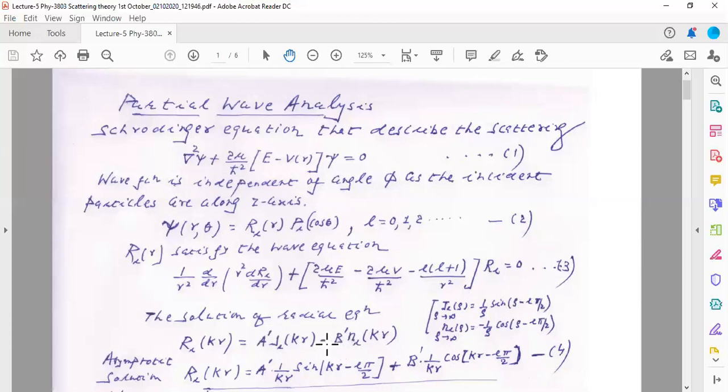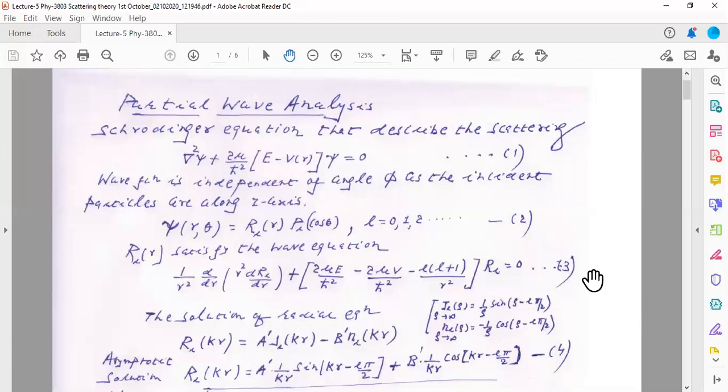And you see this is the minus sign, and n_L of rho at a very large distance is also a minus sign. So these two minus signs ultimately give you a positive sign: B dash 1 upon kr cosine of kr minus L pi by 2.